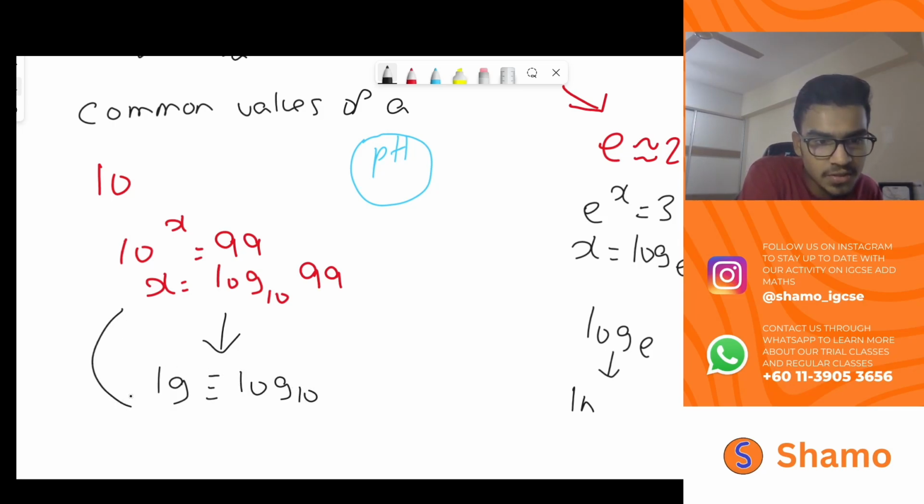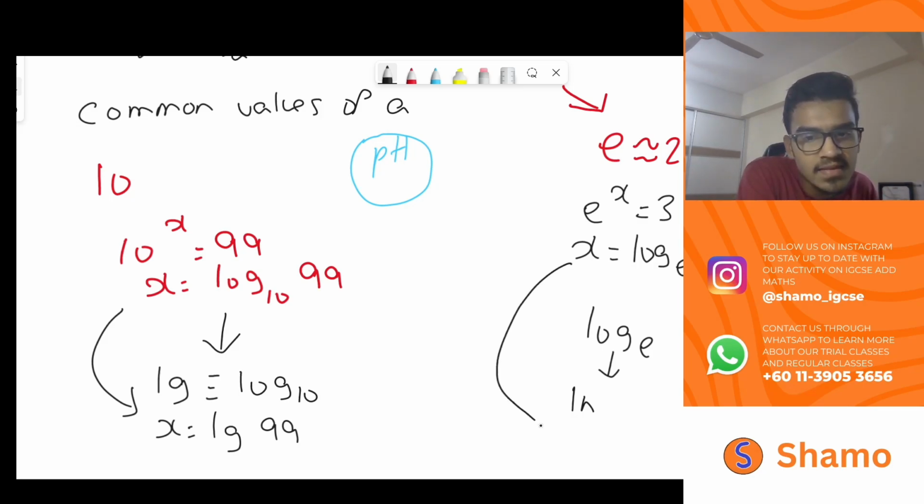So then this equation could actually be written as x equals lg 99, and this equation could be written as x is equal to ln 3. And this ln, log base e, has a special name.